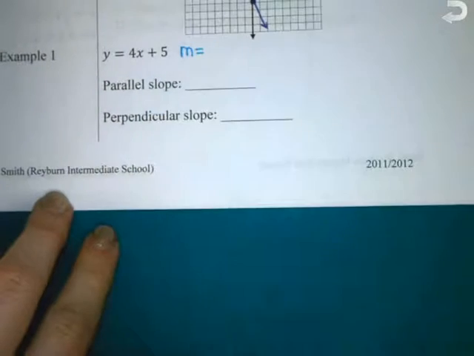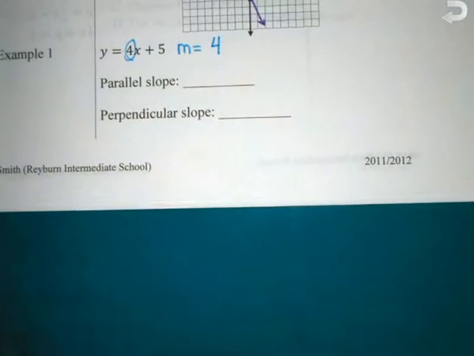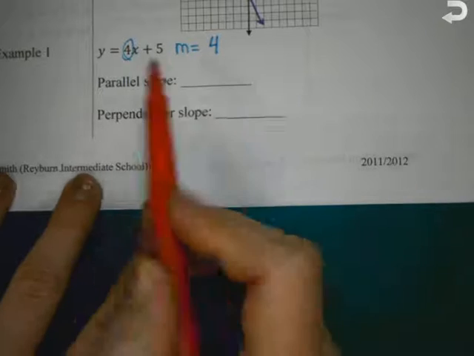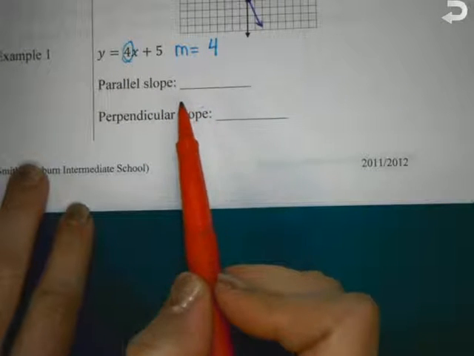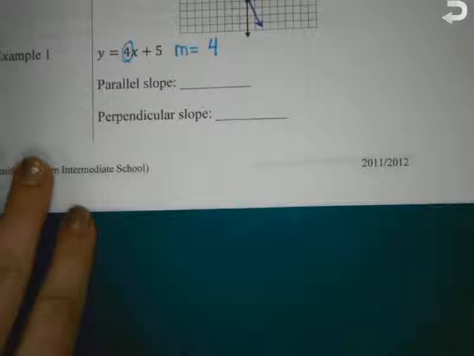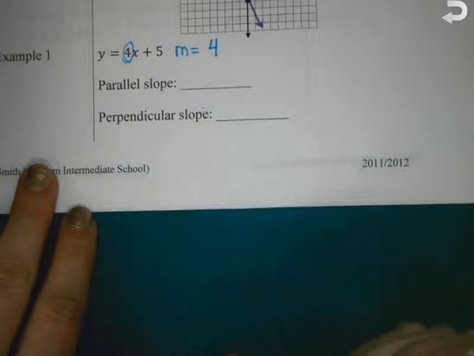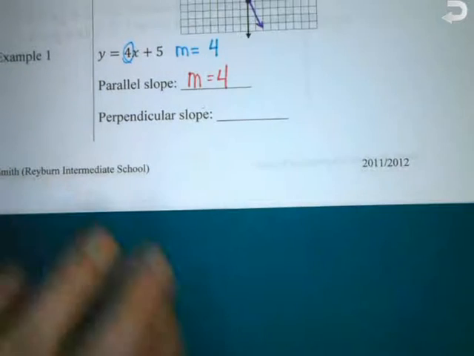So our question is, what is the slope of a line that is parallel to this? Do parallel lines have the same slope or different slopes? Same. So what's going to be the slope of a parallel line? Also 4. So m equals 4. What about a perpendicular slope?